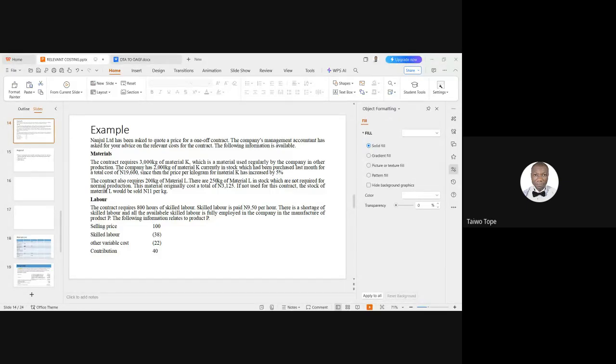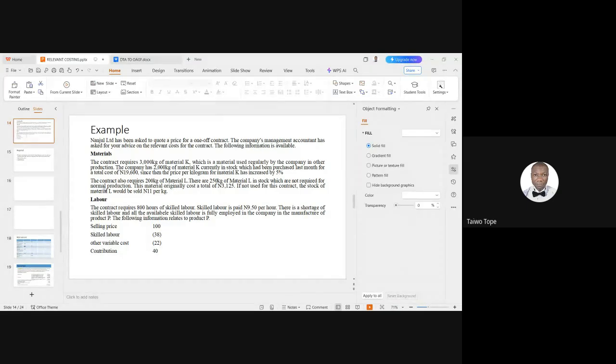If not used for this contract, the stock of material will be sold at 11 naira per kg. That is the scrap value. But if you use it, you will not get this scrap value. The contract requires 200 kg.